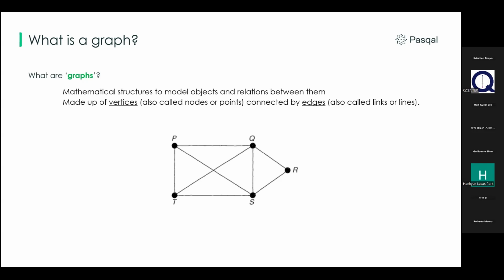They have been rigorously introduced more than 200 years ago by a German mathematician who was interested in studying from a theoretical perspective, especially routing type problems. So graphs are nothing else but a collection of nodes, points that are called vertices, and a collection of links or connections between these nodes or vertices that are called edges.